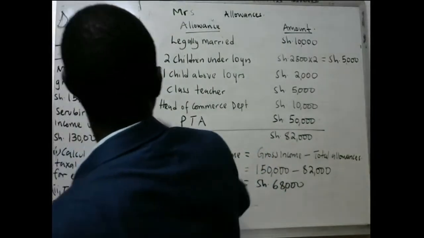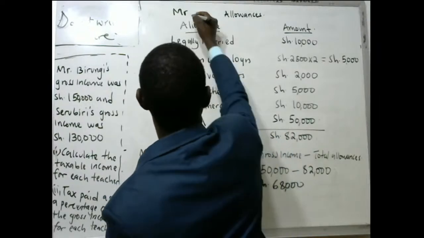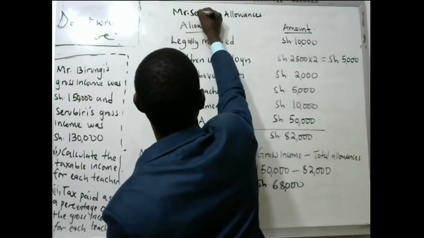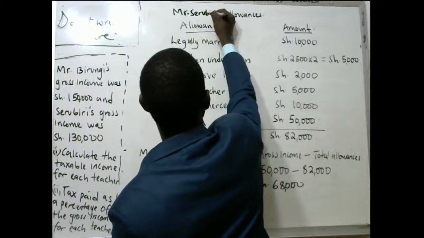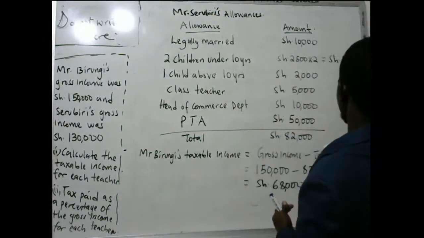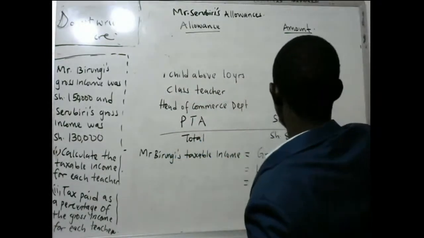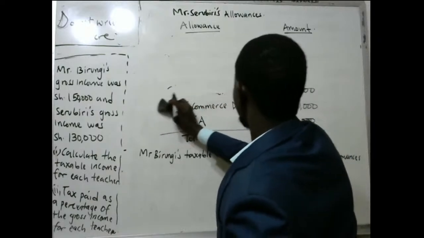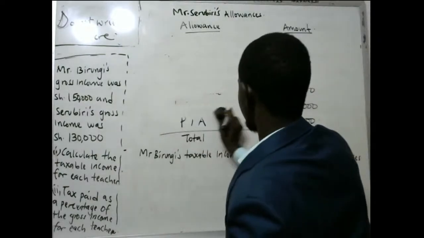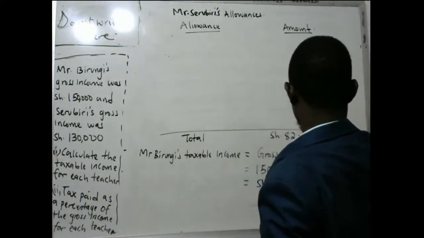Beg your pardon. We're going to look at Mr. Serubiri's allowances. Now we are looking at a different person. We finished Mr. Birungi. We are now going to Mr. Serubiri.